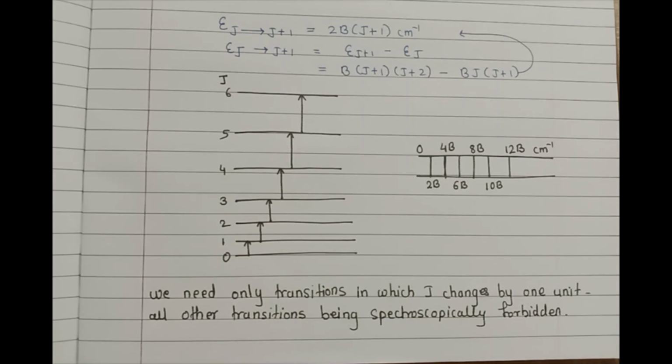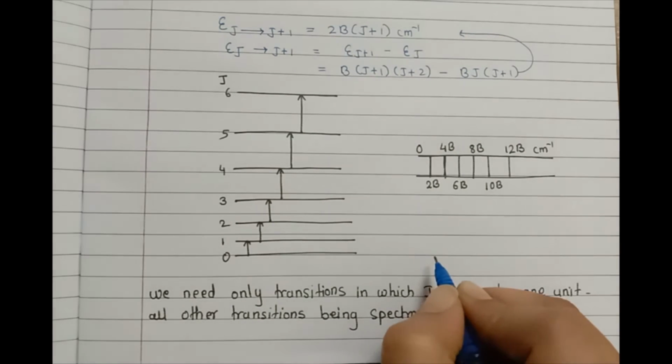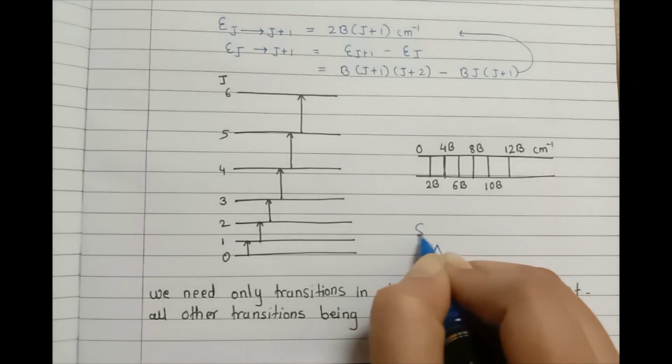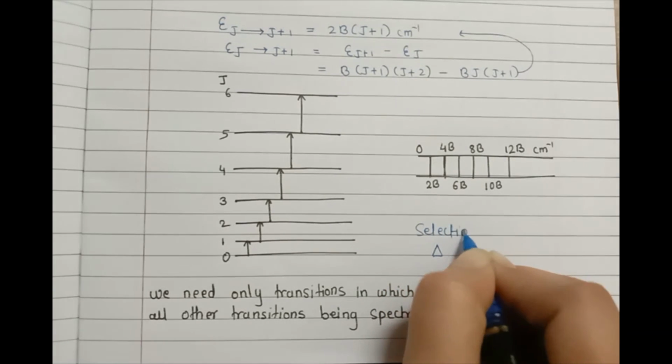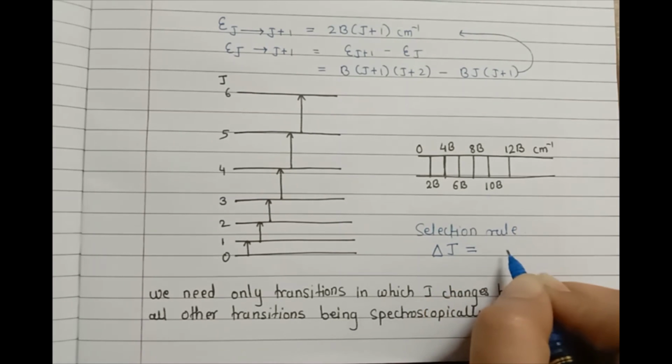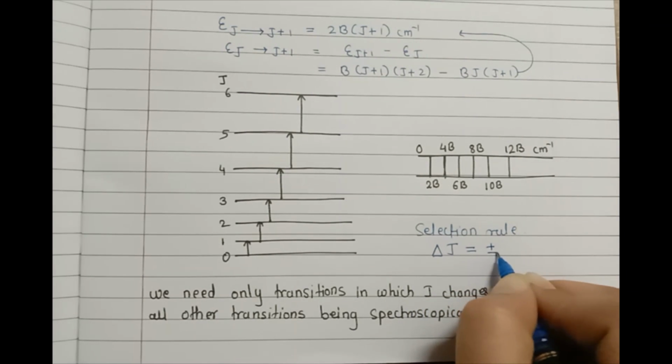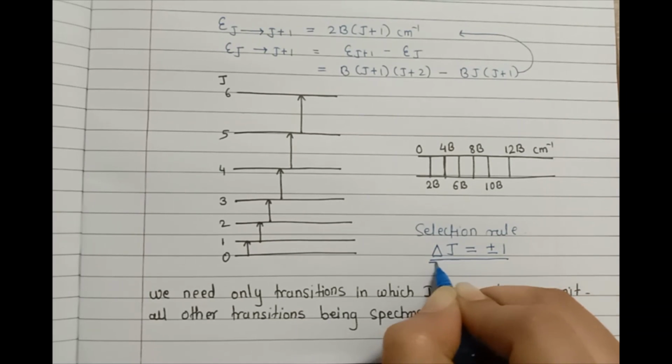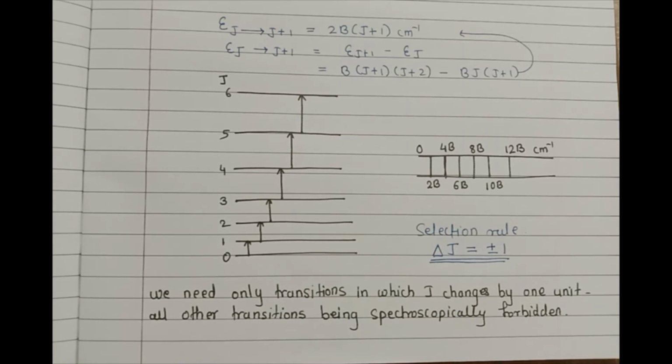That means the transitions in which J changes only by 1 unit are the allowed transitions, and all the other transitions are spectroscopically forbidden transitions. That means the selection rule is that delta J is equal to plus minus 1. Is it okay? You have to remember this selection rule, which changes for each and every molecule.